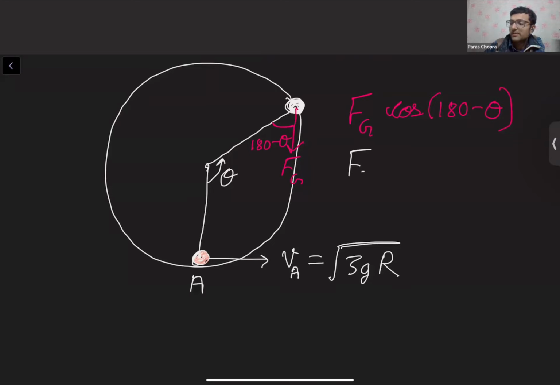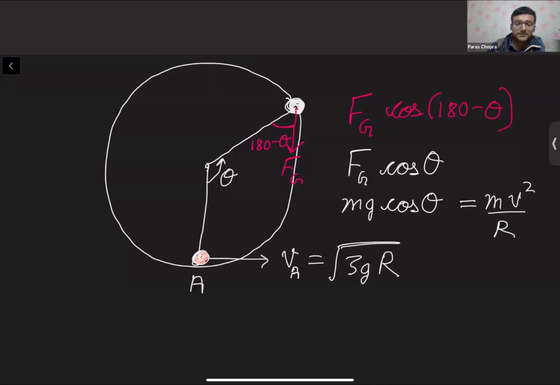So this will be Fg cos theta, which is mg cos theta. So we will say mg cos theta at that point will be equal to mv square upon r. Because there is no normal force, the entire centripetal force will be provided by the component of gravitational force along the center. So this will be our first equation.